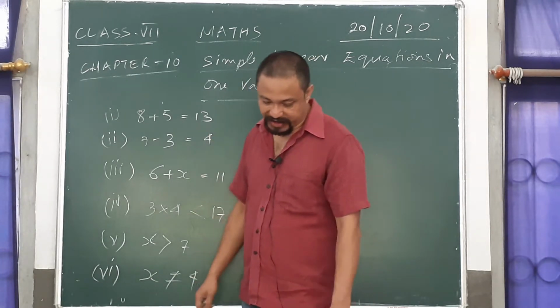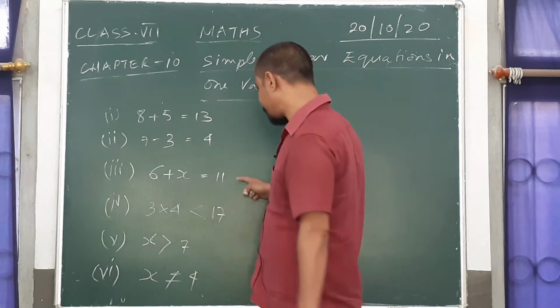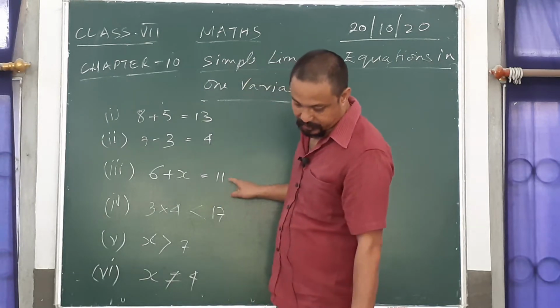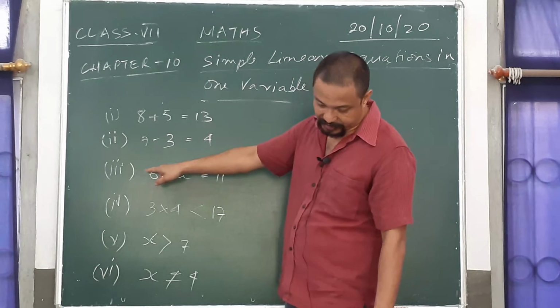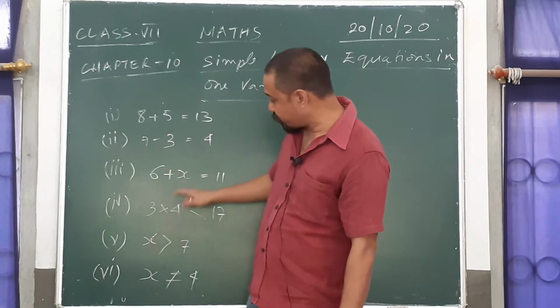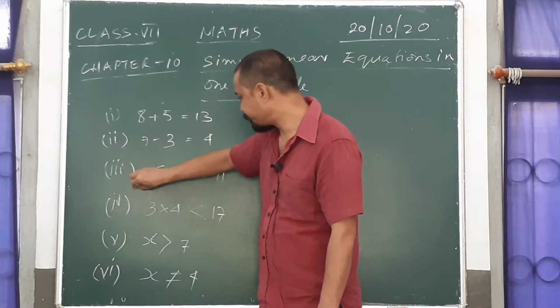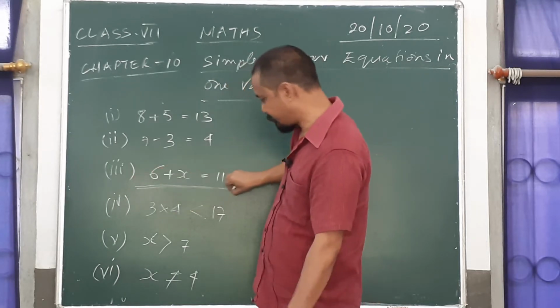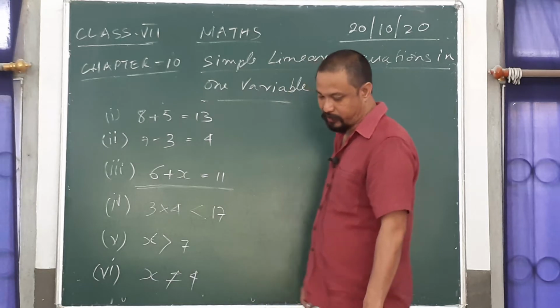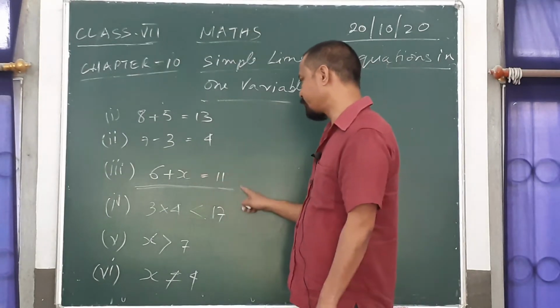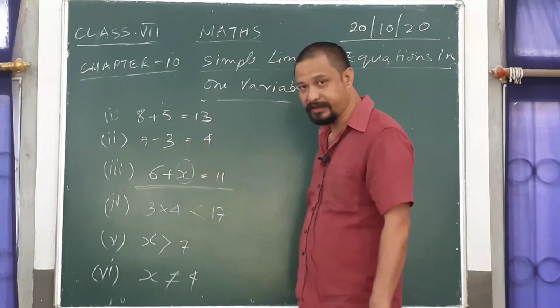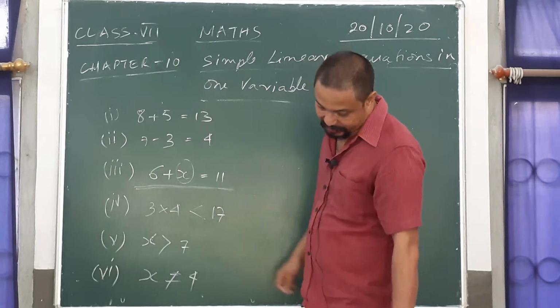So a statement of equality like this, 6 plus x is equal to 11, given in number 3, which contains an unknown quantity, is called an equation. That's what the book says, right?